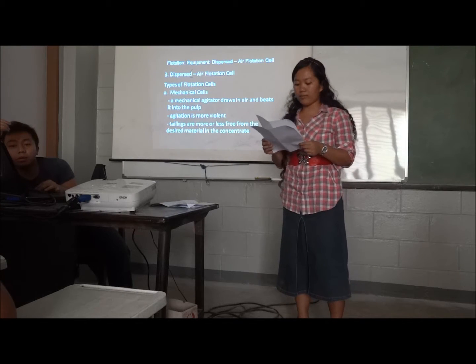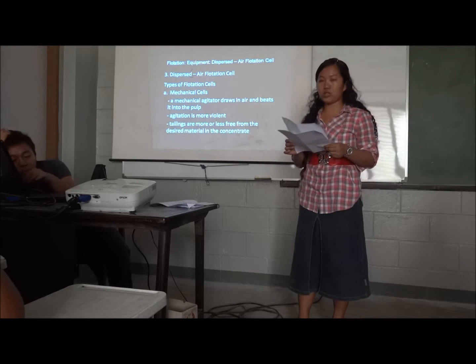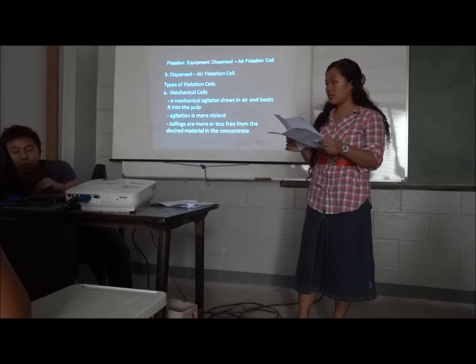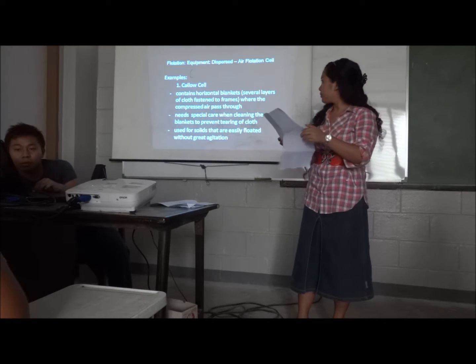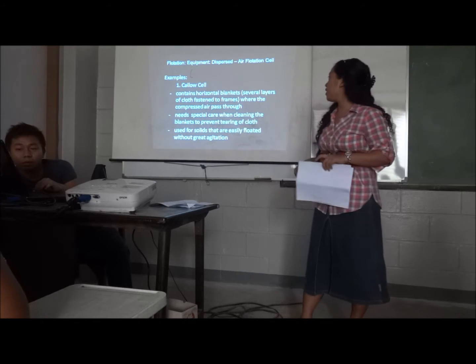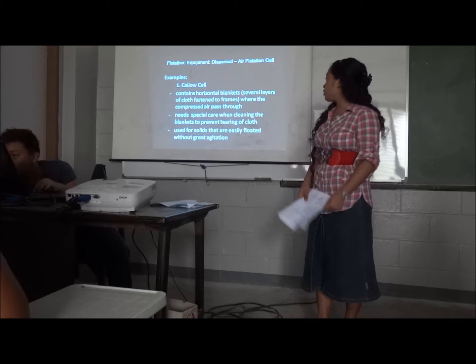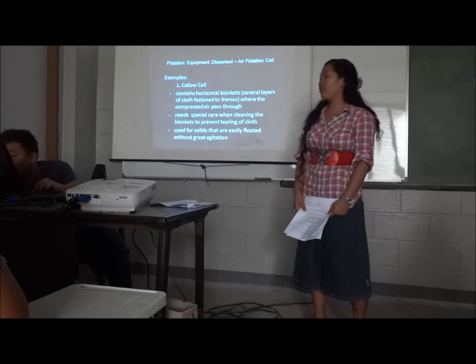They produce a clean froth but need 50% more contact time, and the pulp must be fully conditioned before flotation. Examples are the Holmes cell, which contains horizontal blankets, needs special care when cleaning the blankets to prevent tearing of the cloth, and is used for solids that are easily floated without heavy agitation.